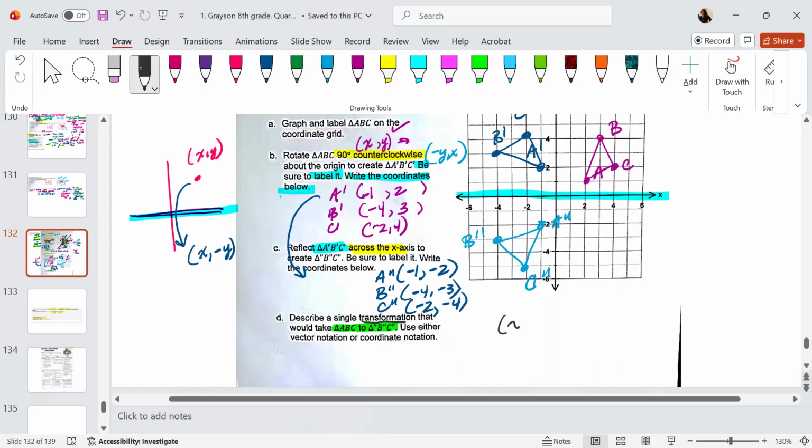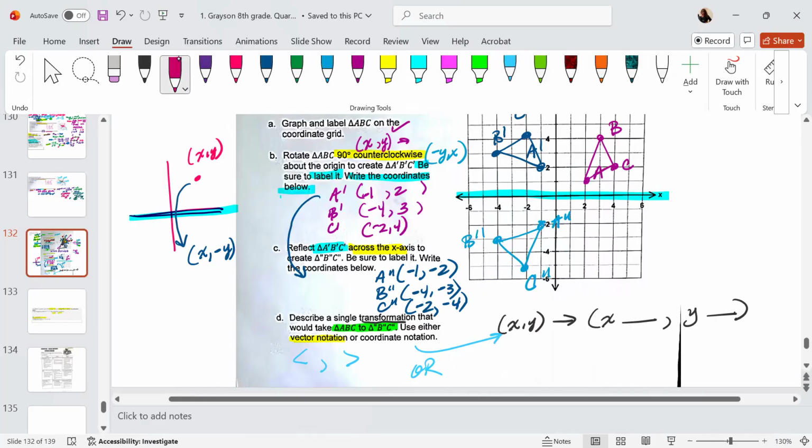Transformation is just an equation, right? Yes. So it's x something, comma, y something, right? Yes. But you have to be careful. Vector notation is like this, right? Coordinate notation is like that. Do you see that? So I will put both, all right?